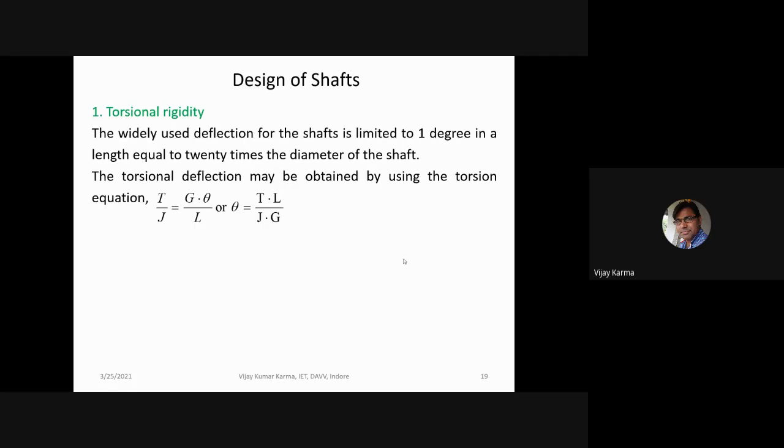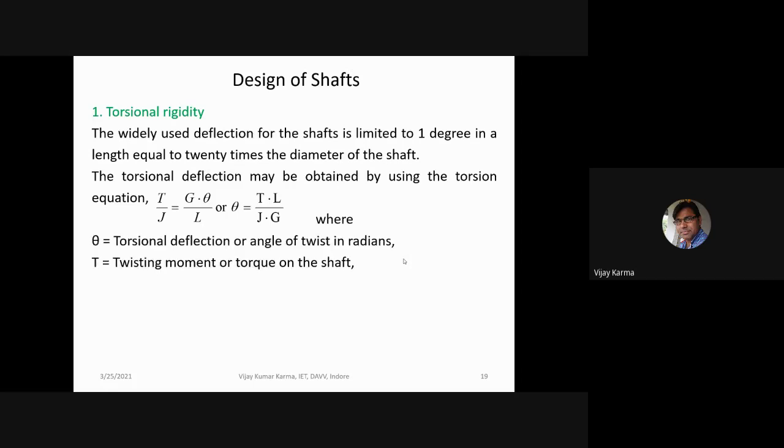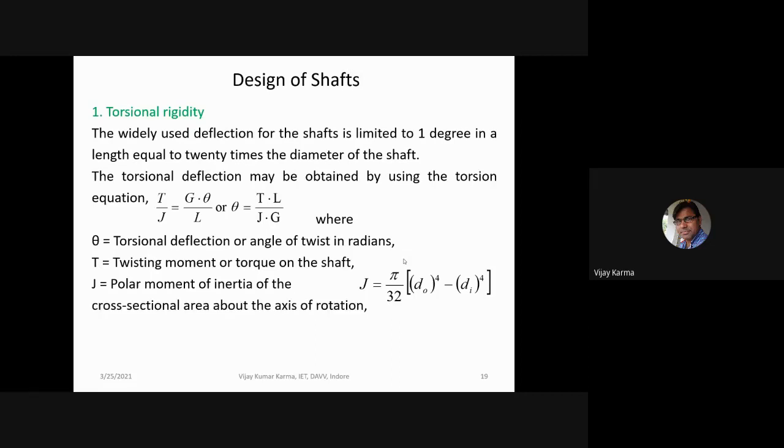We are familiar with this equation: T by J is equal to G theta by L, or theta is equal to TL upon JG. Where theta is the torsional deflection or angle of twist, T is the twisting moment or torque on the shaft, J is the polar moment of inertia that is given by this relation, about the axis of rotation.